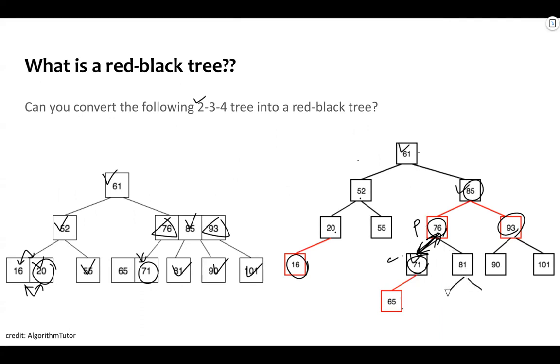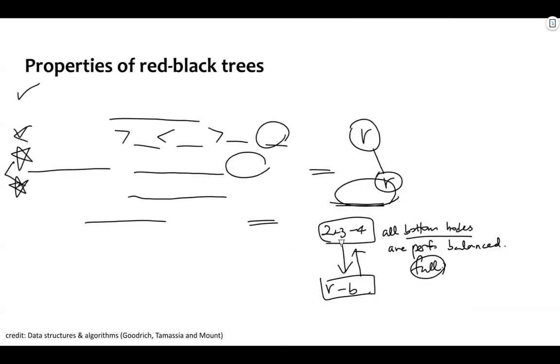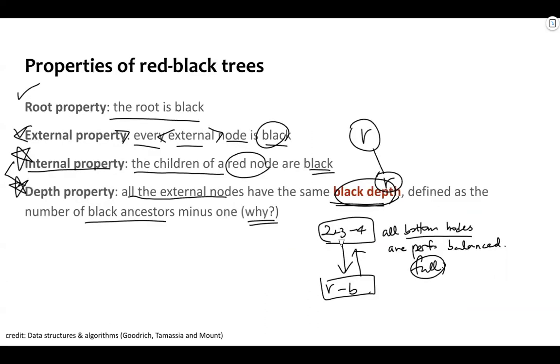And I'm going to describe the external nodes. These empty nodes are external nodes. And this one also takes 1, 2, 3 black nodes to the top. So all the bottom nodes or external nodes have the same number of black nodes to the top. So that is what the depth property is about.